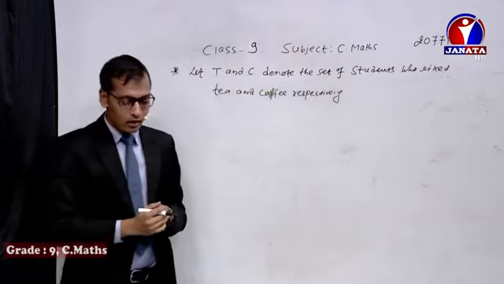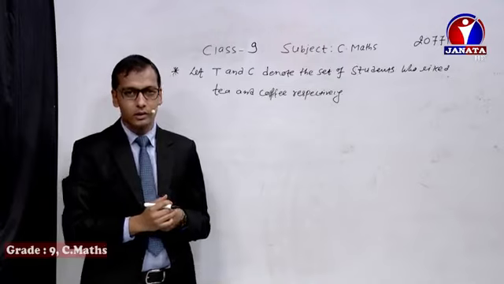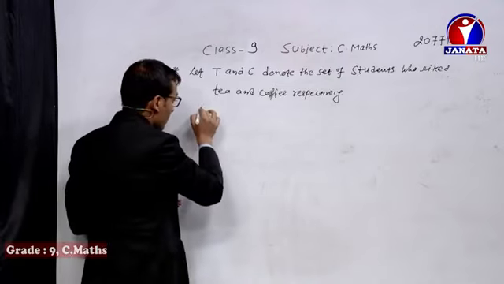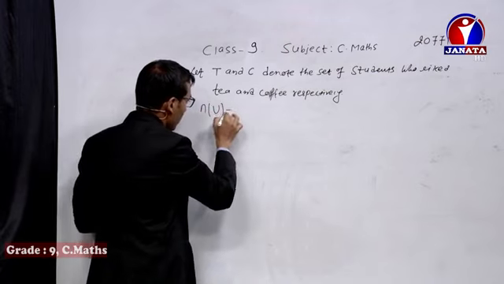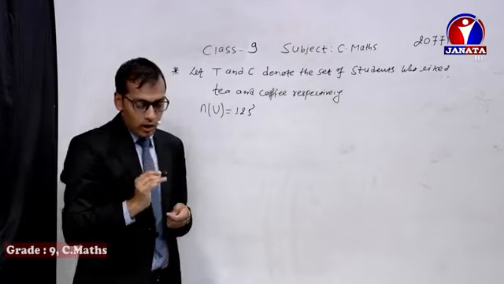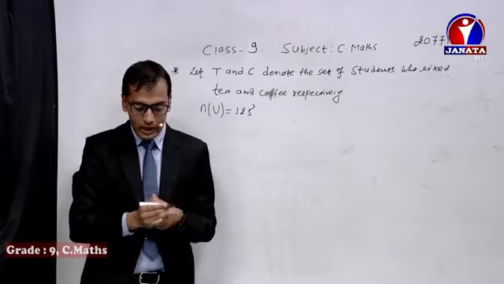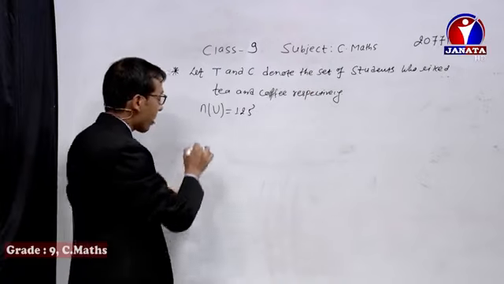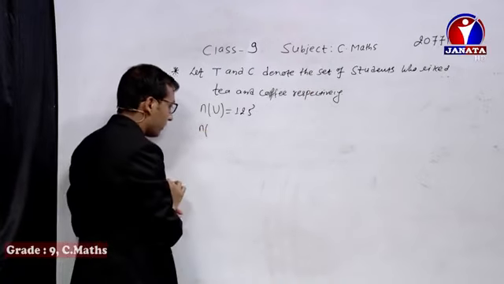Now what is the total number of students in this survey? There are 125, so n of U is 125. The ratio of students who like tea and coffee is 4:5.